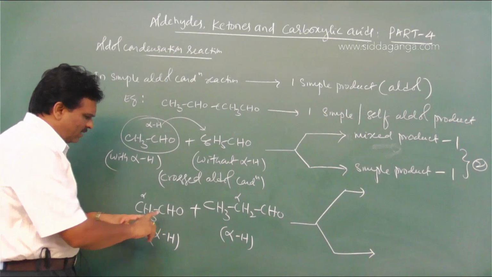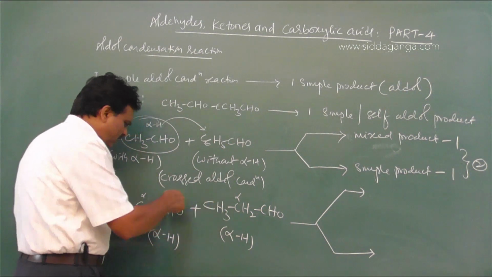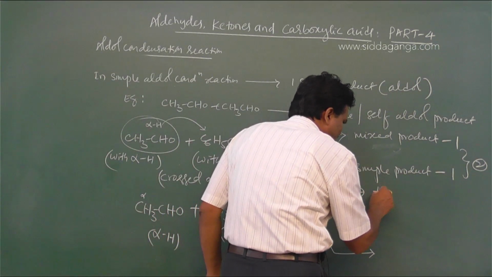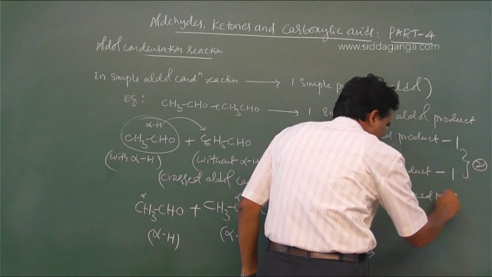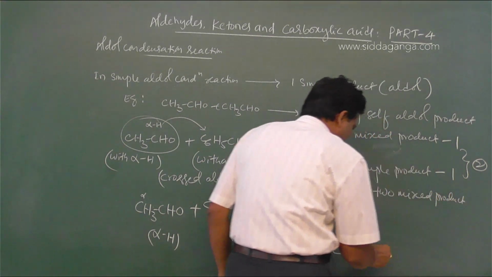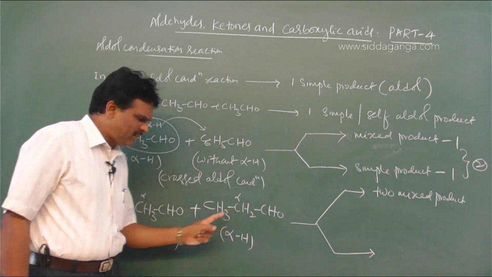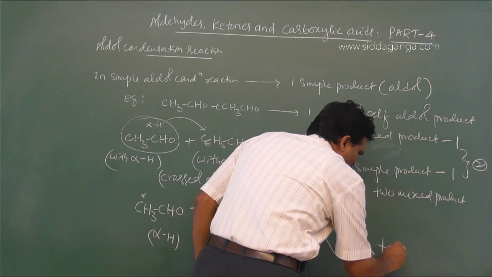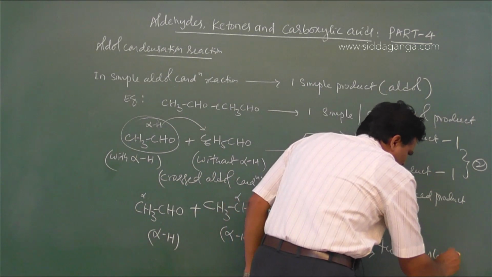Here, transfer of alpha hydrogen from acetaldehyde to propionaldehyde and propionaldehyde to acetaldehyde gives two mixed products, and two self condensation reactions take place, between propionaldehyde and between acetaldehyde, giving two simple products.